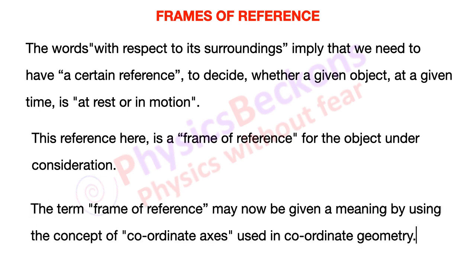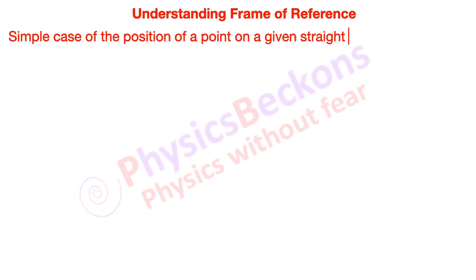The term frame of reference may now be given a meaning by using the concept of coordinate axis used in coordinate geometry. To begin with, let's take a simple case of position of a point on a given straight line, that is one-dimensional motion.